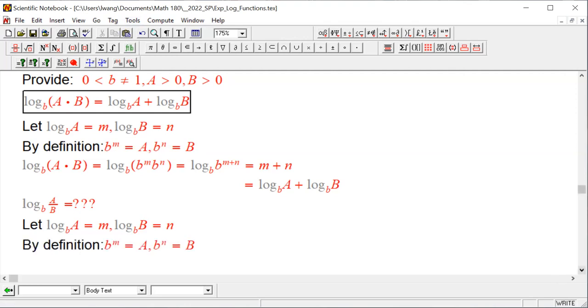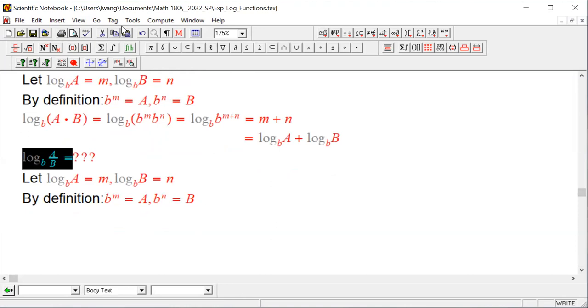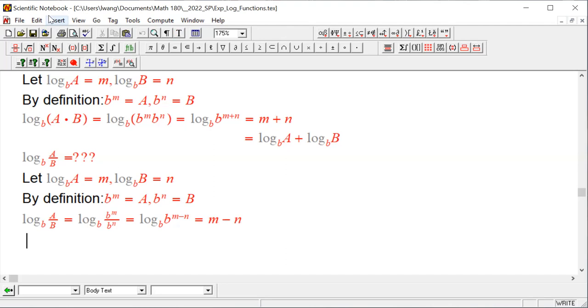Then when we apply these into our division case, capital A is B to the power M. Capital B is B raised to the power of N. So this will be equal to log base B of B to the power of M minus N. So in the end, we get M minus N, and then we just have to substitute M and N in place.